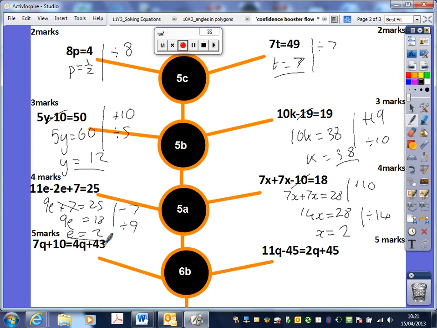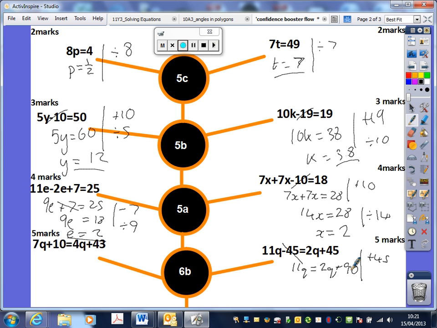Katie, can you talk us through one of these last ones for me, please? This one. We add 45, okay? So what happens when we add 45? That disappears because minus 45 plus 45 is 0. 11q is equal to plus 90 because 45 plus 45 is 90. Okay, then what do we need to do?